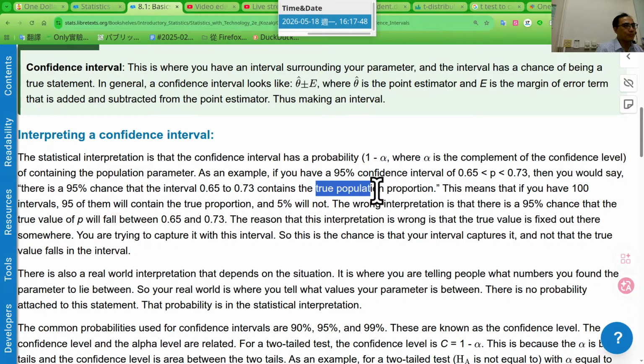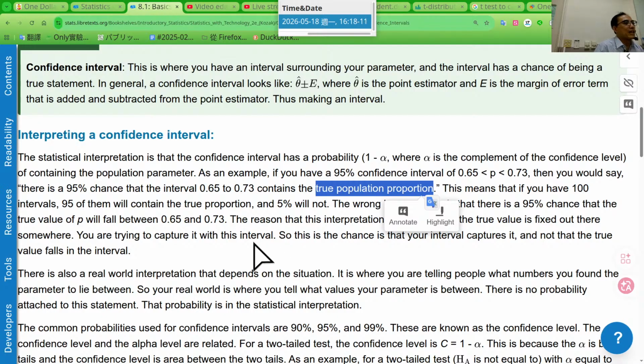Let me say that again. It's very hard, almost impossible. It needs money, time, and labor to get the population proportion. With limited labor, limited time, and limited money, we use samples to estimate.